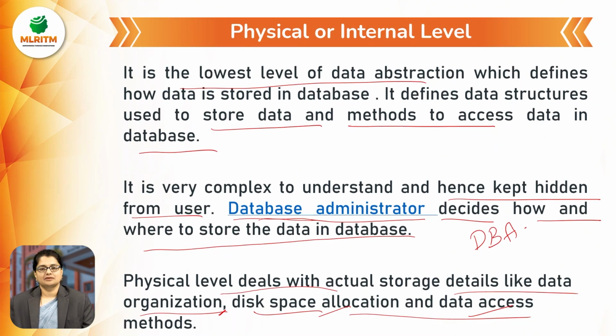Data abstraction is nothing but hiding data from the database. Whatever the applications or users require can be provided, and data not relevant to the user is not provided. The entry can be handled by the database administrator.